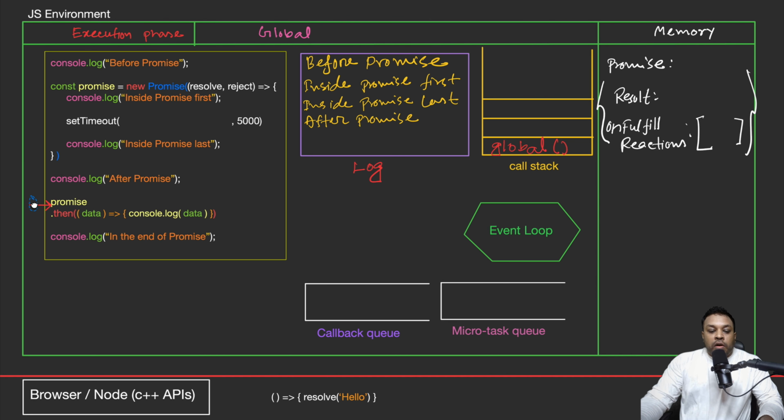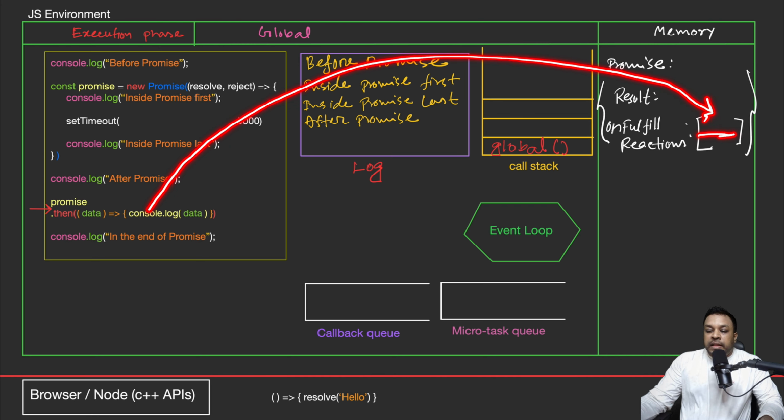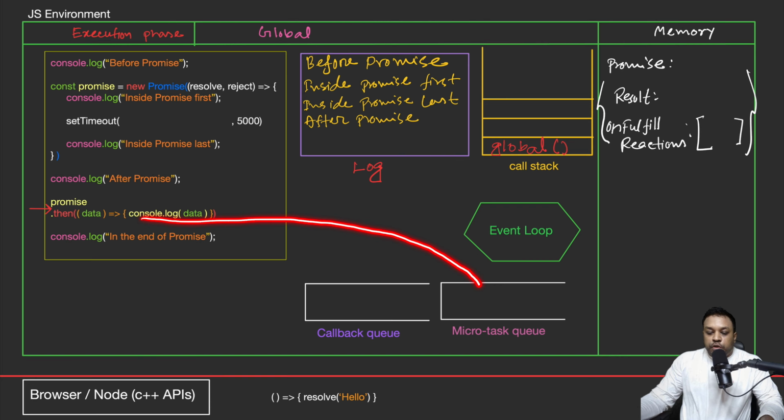And here it is calling this then function. So this then function, what it will do basically, it will first check is the promise pending or is it not pending. If it is pending, it will simply put this function inside this on fulfill reactions. Basically, it will save this here in this array. If it is not pending, either it is resolved or rejected, in that case, it will directly put it inside this microtask queue.